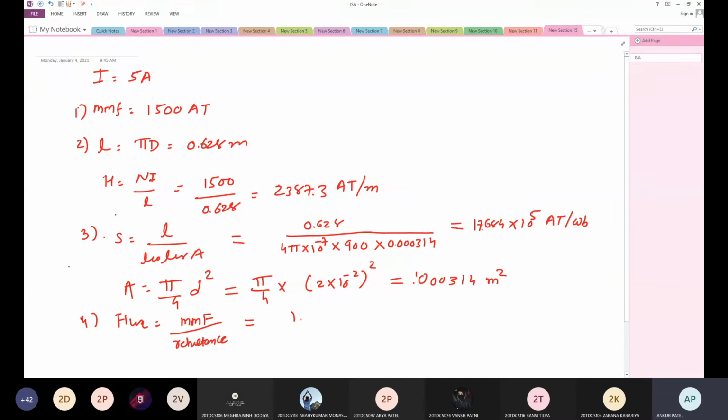MMF is given 1500 and reluctance is 17.684 into 10 raised to 5.